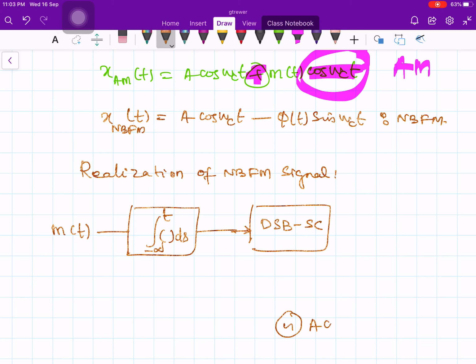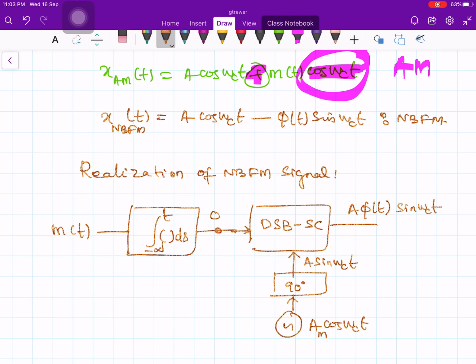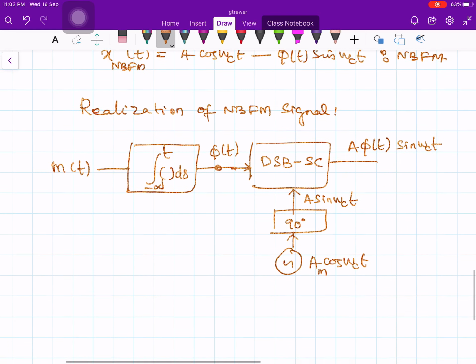Let's say A times cosine omega ct, A suffix m, and before that you put a 90-degree phase shift in this to modulate the DSB. Therefore here you are giving A times sine omega ct, and this one is A times phi of t times sine omega ct. Because the moment you integrate, then this is equal to phi of t.